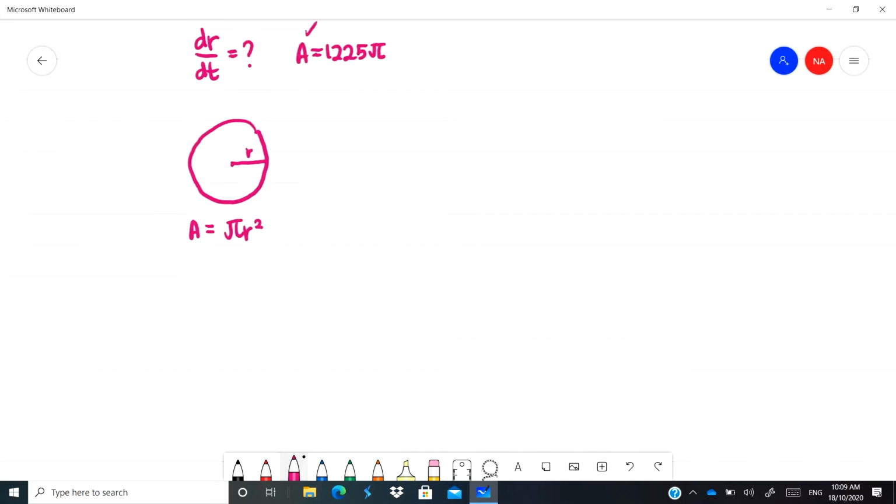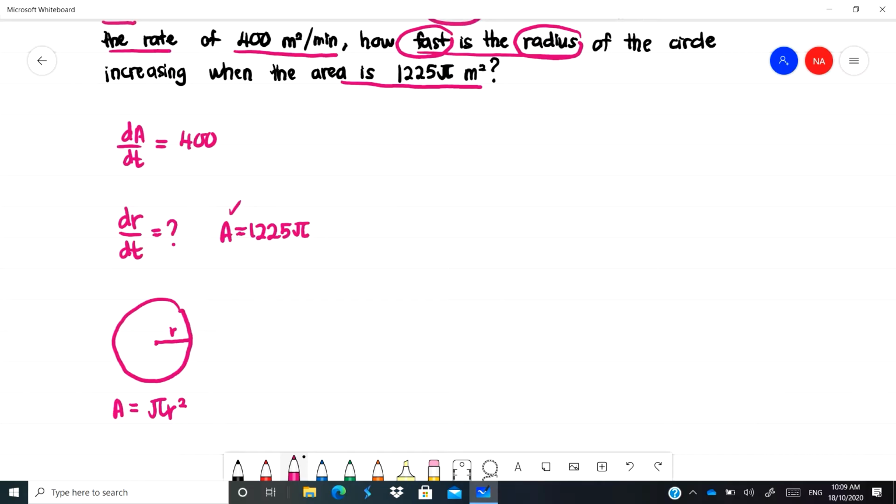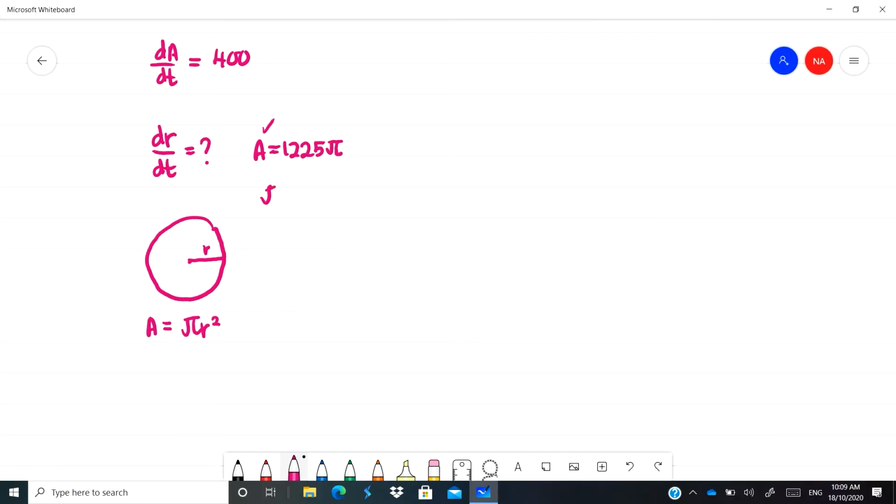So we know that the area is 1225 pi, so pi r squared is 1225 pi. We can cancel this pi because it exists on both sides. So we'll have r squared equal to 1225. Pressing our calculator, the square root of 1225 gives 35. So the radius will be 35.